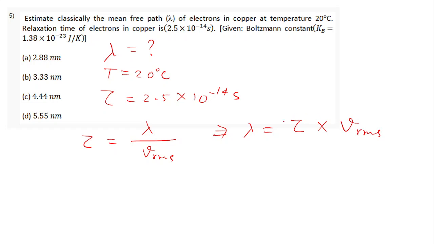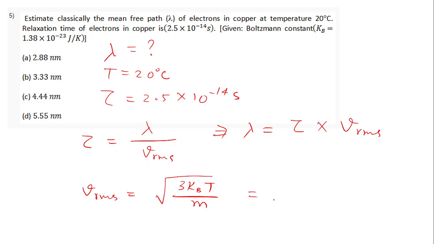Relaxation time is given, we need to find RMS velocity, and from the Maxwell-Boltzmann model, we can consider free electrons like a gas, and the RMS velocity is given by this expression, which is the same as what we get for gaseous particles. This is how RMS velocity is given for the free electron gas model.